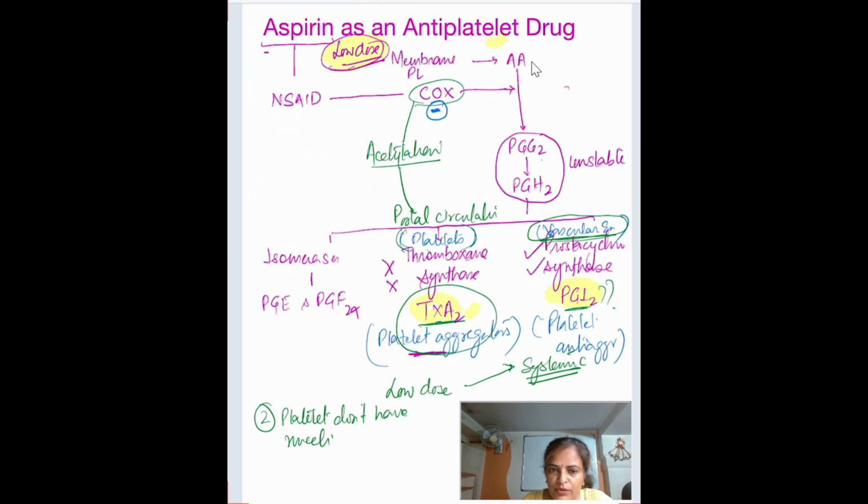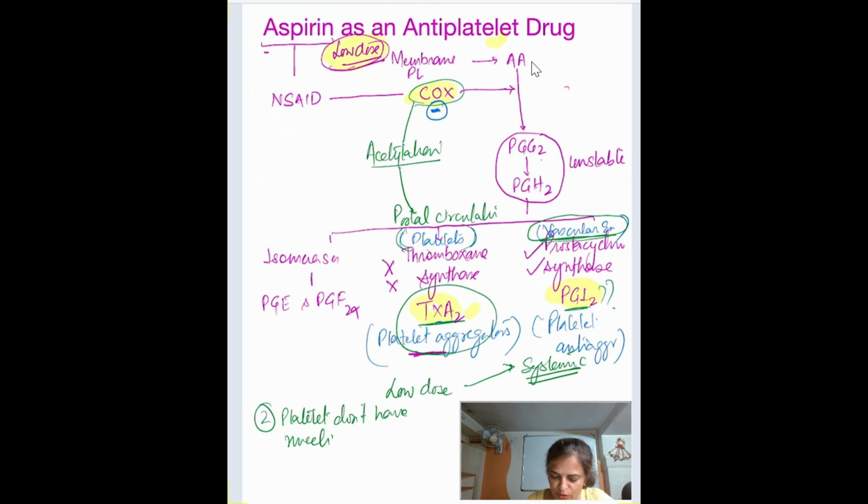I have already told you, so what happens in a low dose? In a low dose, it is going to acetylate this COX enzyme in the portal circulation itself. The platelets get exposed in the portal circulation, so very little reaches the systemic circulation.